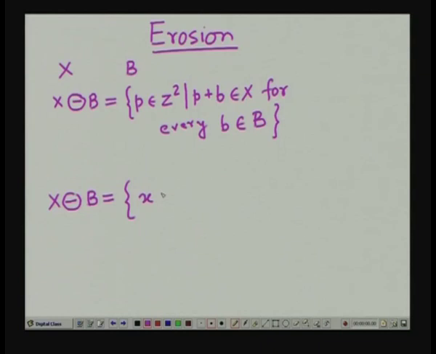So, it is the set of points x such that the structuring element B translated by vector x is a subset of our image capital X.